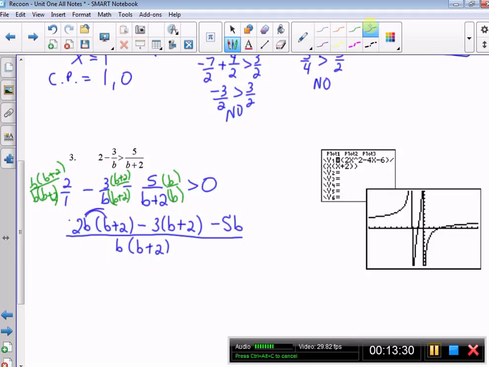So now when we distribute that, we get 2b squared plus 4b minus 3b minus 6 minus 5b, and that's all over b times b plus 2.